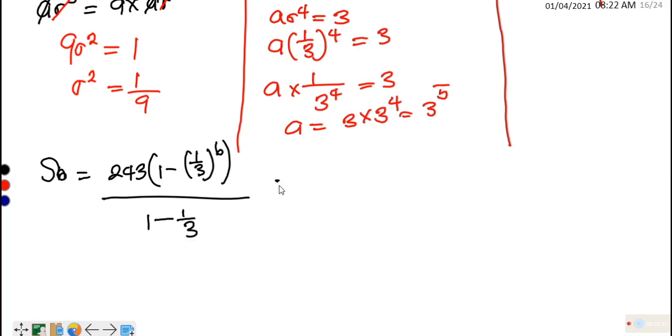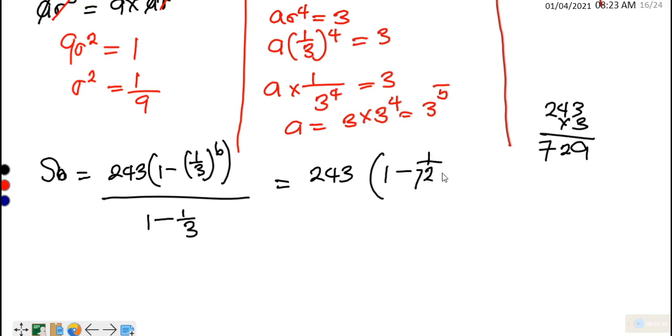Okay, so this can be written as 243, and 3 raised to power 6 should be 243 times 3, which is 729. So 243 into 1 minus 1 over 729, all over 3 minus 1 all over 3.